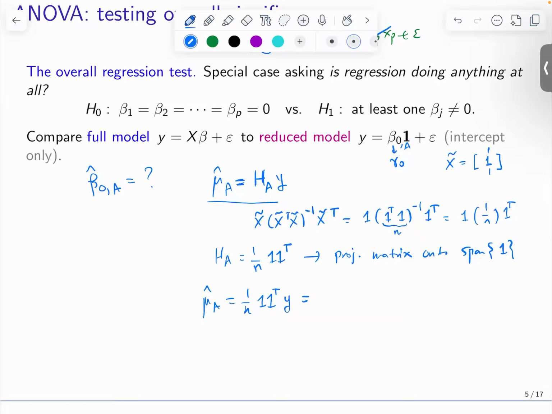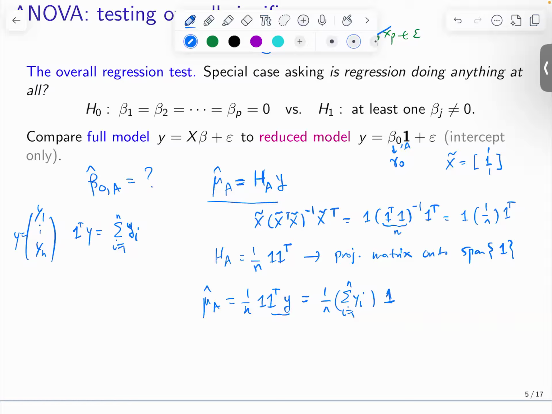Anyone? So yeah, 1 transpose y would just sum the elements. So if y is y1 up to yn, 1 transpose y is just the sum of the elements. So this gives me 1 over n. I'm going to pull this out, so you get the sum of yi from 1 to n. Because that's a scalar, you can move it around.